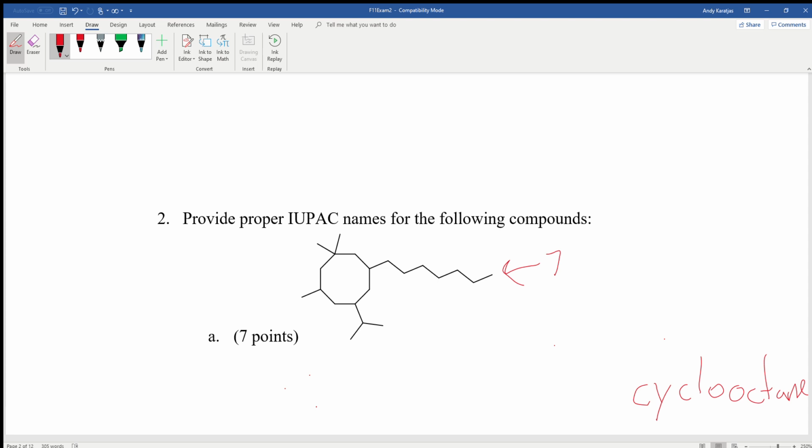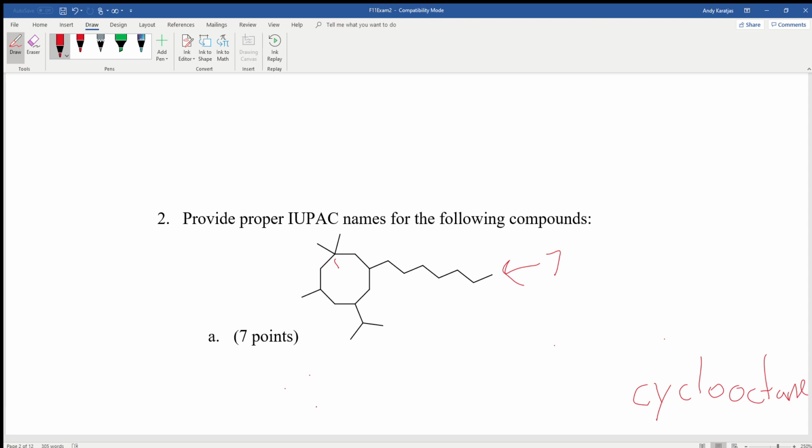But in this compound, we have one carbon, being right here, that has 2 substituents. And so if we call that our first carbon, then that means our first substituent is at 1, and our second substituent is also at carbon number 1. If we choose any other position to start, we get a higher number for our second substituent.